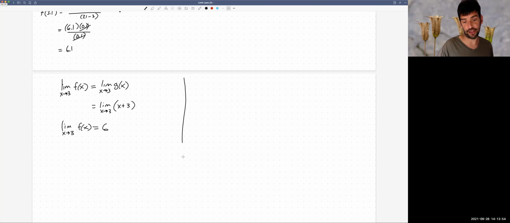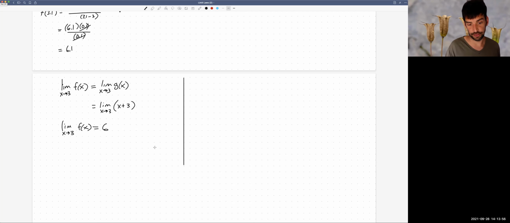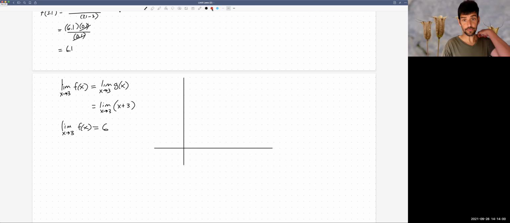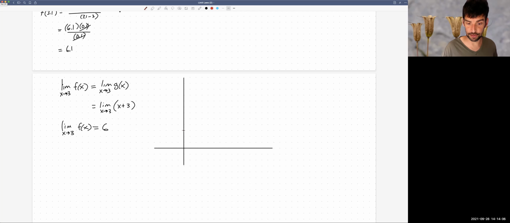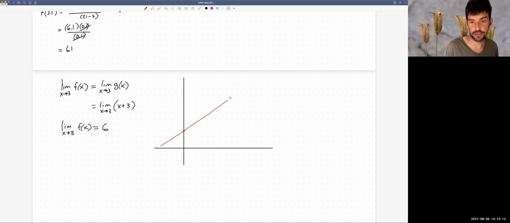If we were to graph that function, let's do this. If we were to graph f of x, that function looks exactly like the line x plus 3. So there's my intercept. Try to get this about right.